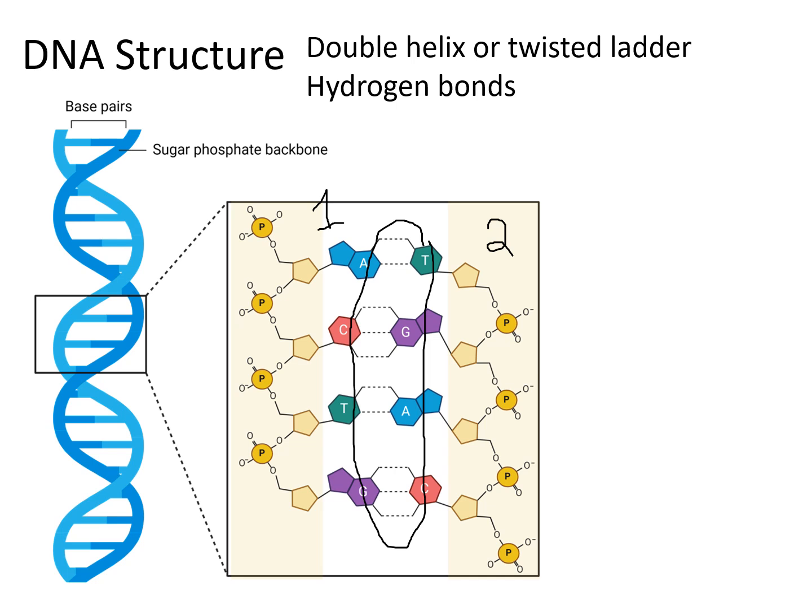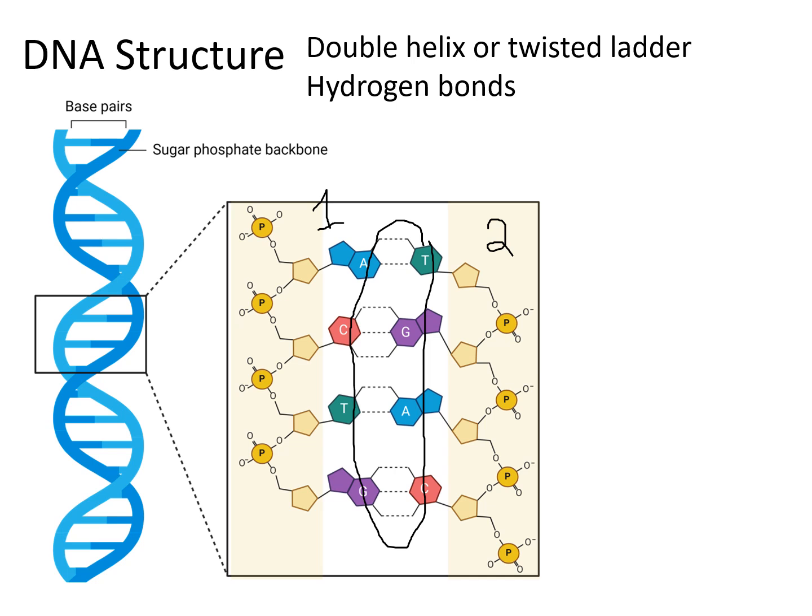The rails of the ladder, or the place where you would put your hands on the ladder, are composed of the sugars and the phosphates that are in each of the individual nucleotides. And you can see the sugars here as the pentagons and the phosphates here as the P with the O's around it.